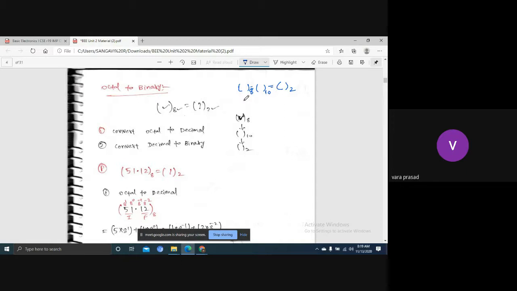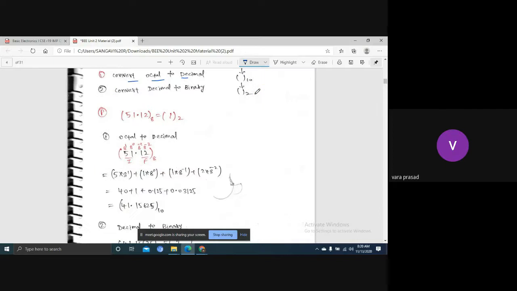So to convert octal to binary, first I'm going to convert octal to decimal, then decimal to binary. That's it. Now we know that. They gave an octal number, this is the question, we need to convert it into binary.